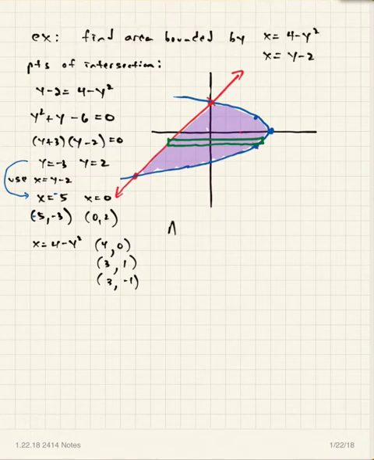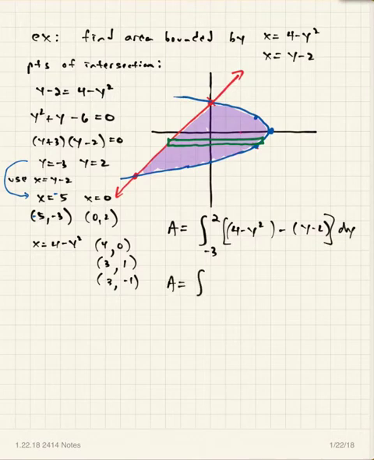And so the area is going to be the integral, remember now, you're using y values, so this is going to go from -3 to 2. And it's going to be right curve minus left curve. And so it'd be the parabola 4 minus y squared minus the linear function y minus 2, dy, like that.